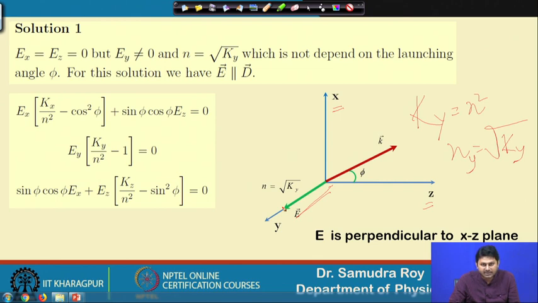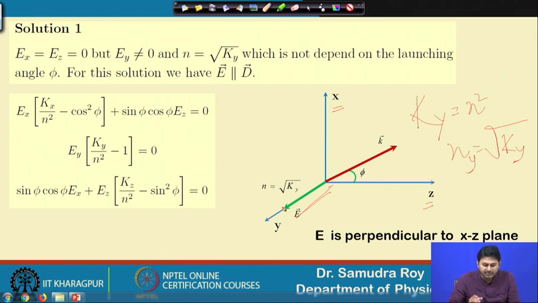That means the polarization will remain conserved. Second thing is that k and E are perpendicular to each other even in this case. In anisotropic systems, the most general case is that they are not perpendicular to each other, but in some special cases like this, they may be perpendicular.